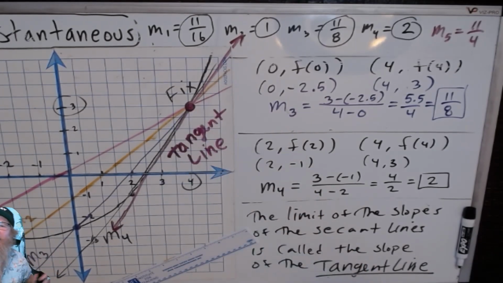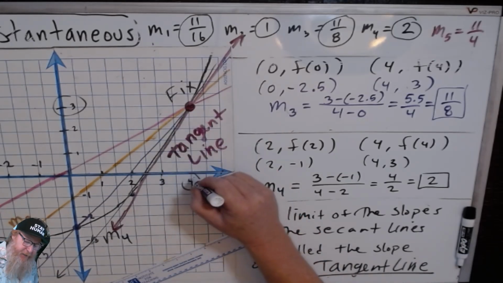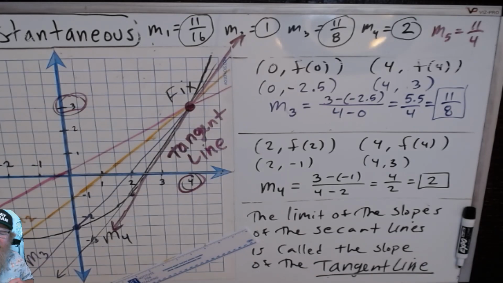So it will look so close to the tangent line. The tangent line only touches the graph at one point, in particular (4, 3) for this graph.